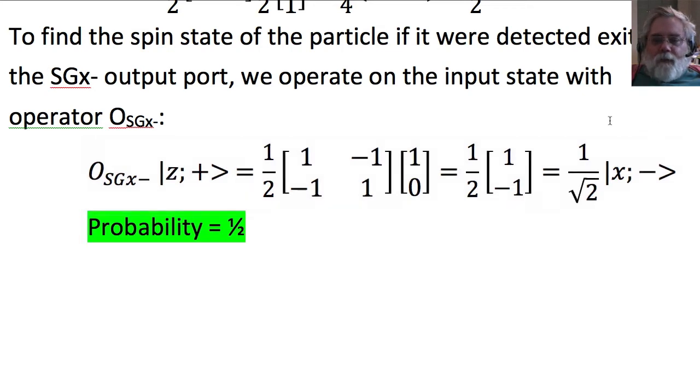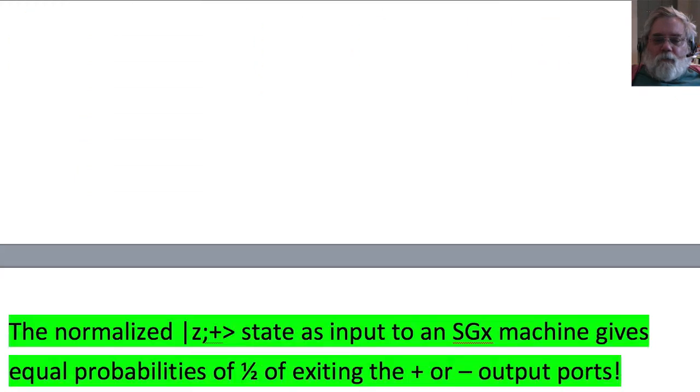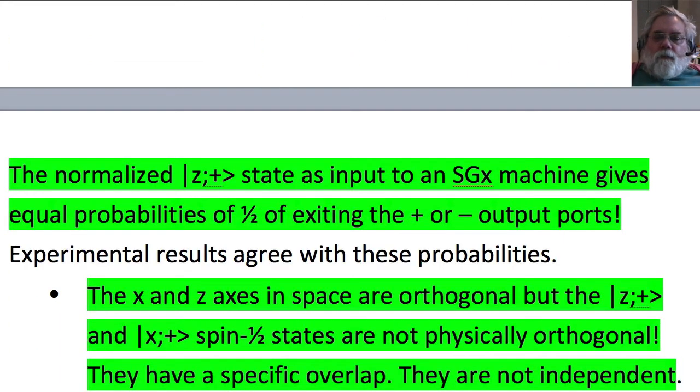And the probability of that output state is 1/2. So if we feed the normalized Z plus state as input to an SGX machine, we get equal probabilities of 1/2 of exiting the plus or minus output states. And this is what the experimental results would show. If you used actual detectors, that's what you would get.